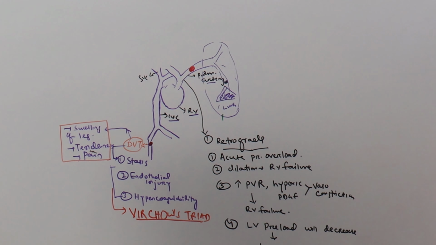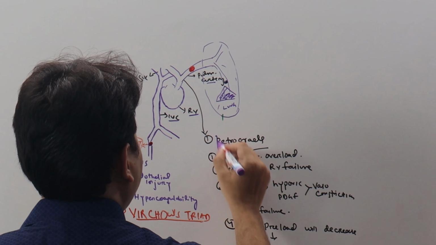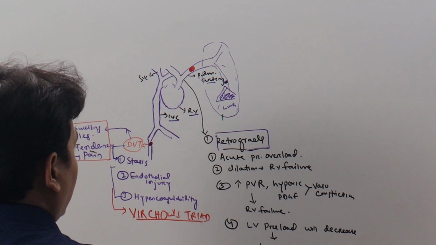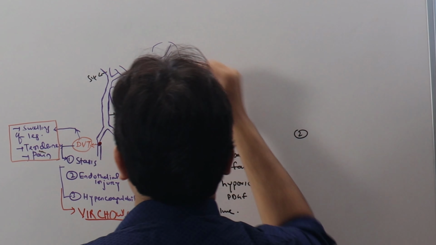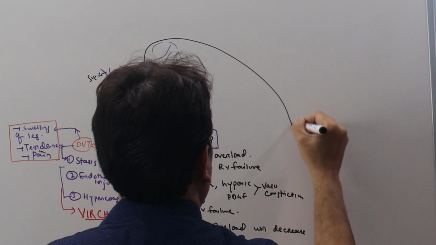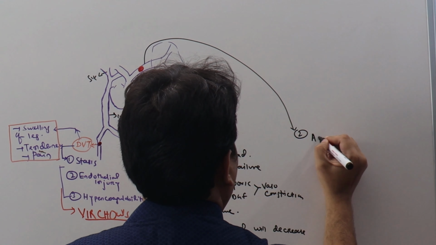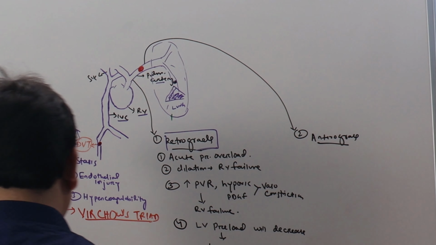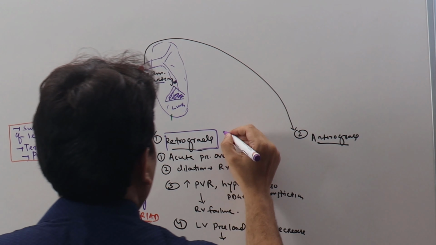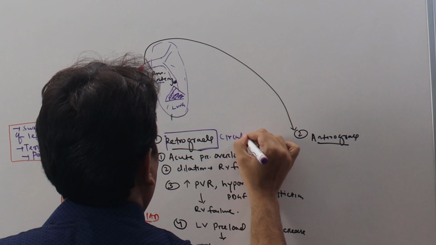Now what will happen? Anterograde. Now number two is anterograde. You can see the retrograde phenomena are mostly related to the circulation part of the body.